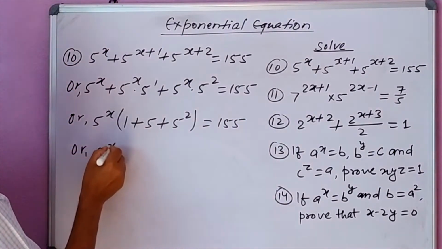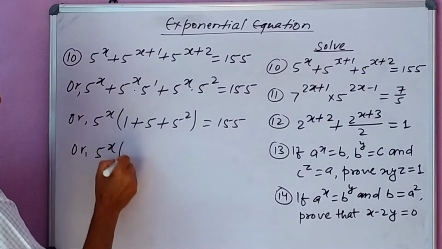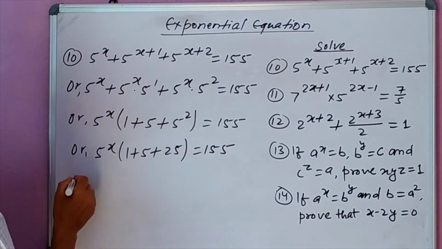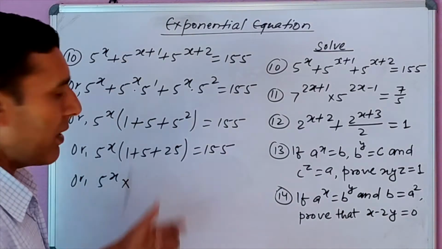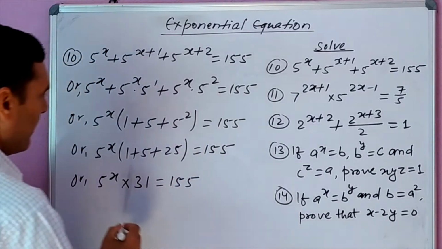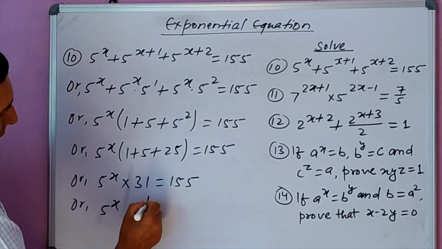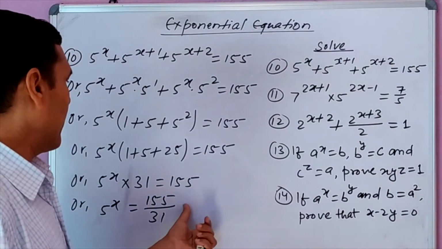So it is 5 to the power x into 1 plus 5 plus 25 is equal to 155. 25 plus 5, 30, 30 plus 1, 31, is equal to 155, or 5 to the power x is equal to 155 divided by 31. This 31 goes to divide 155 on the other side.